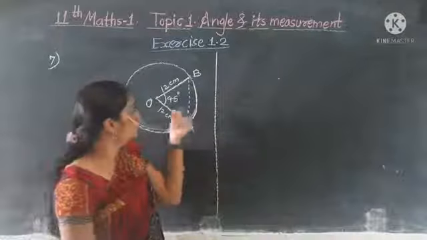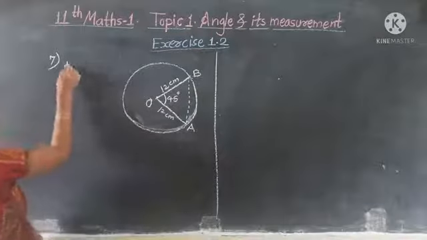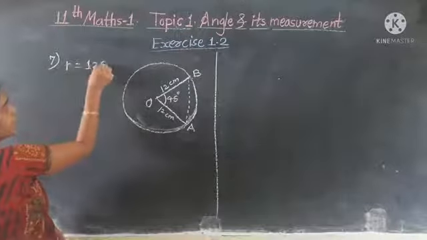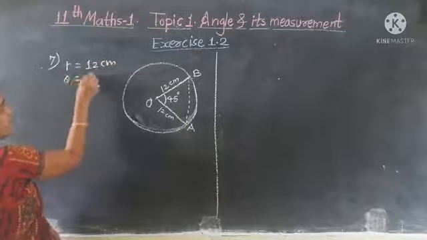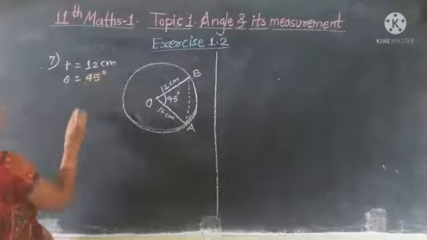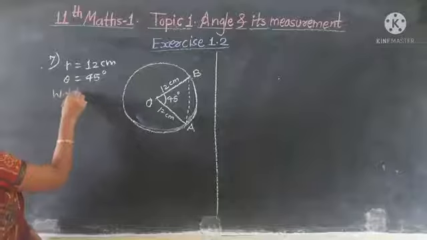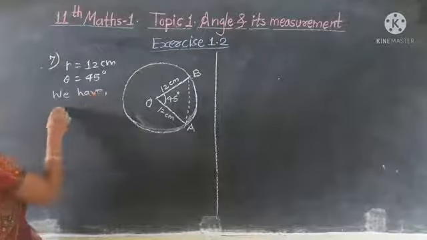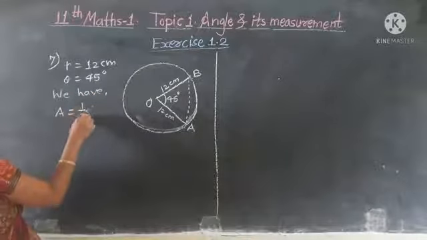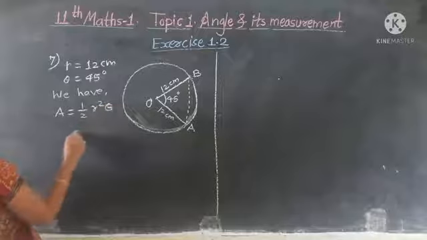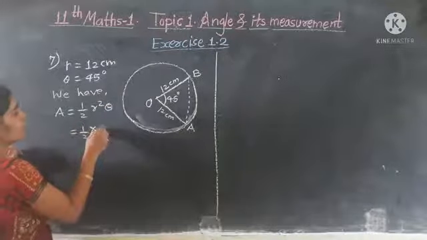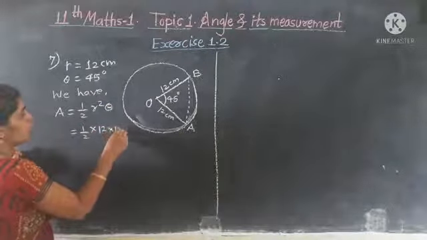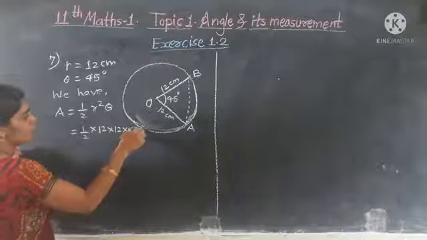Okay, first we find the area of sector. Given things: R is given 12 centimeter. Theta is given 45 degree. First we find the area of sector. We know A is equal to half r square theta. Half into r square means 12 into 12 into theta, 45 degree.